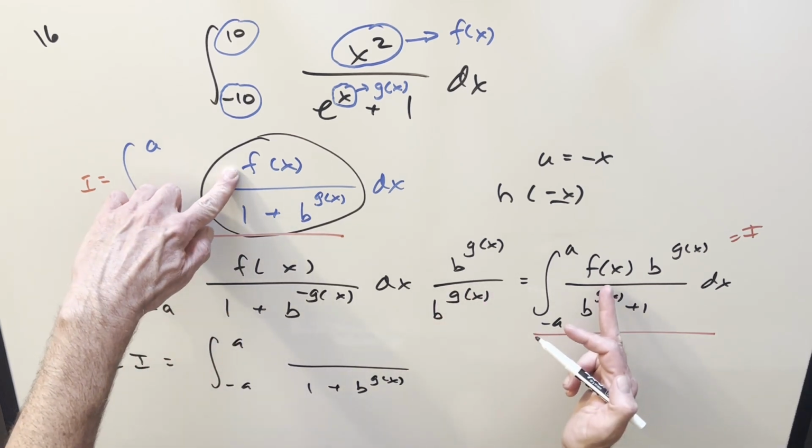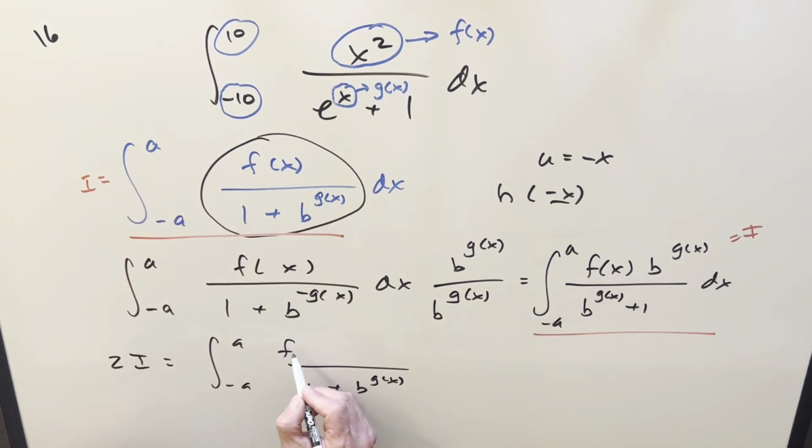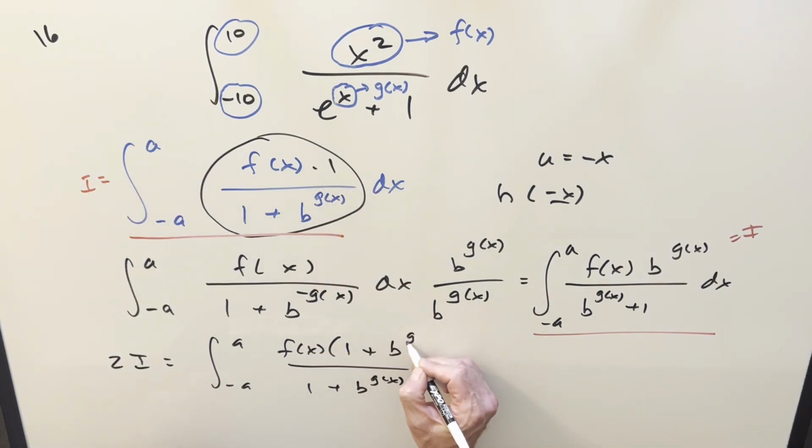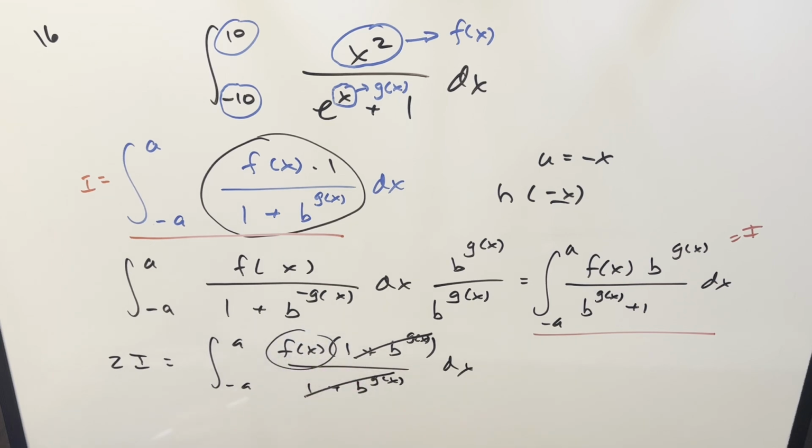When we add numerators, we can factor out an f of x. Think of this like a 1, so we have 1 plus b to the g of x. But then the payoff is that this is always the same as this, so that goes away, and we're just left with this f of x function.